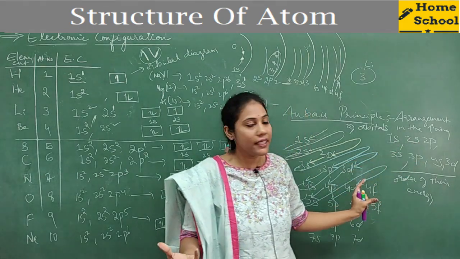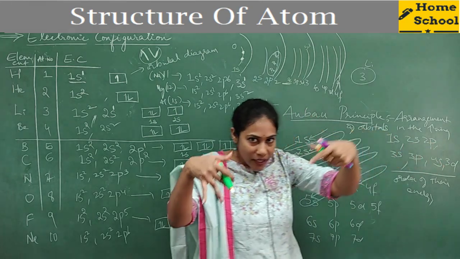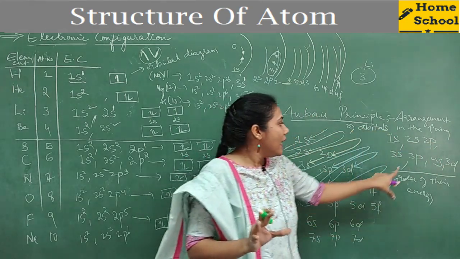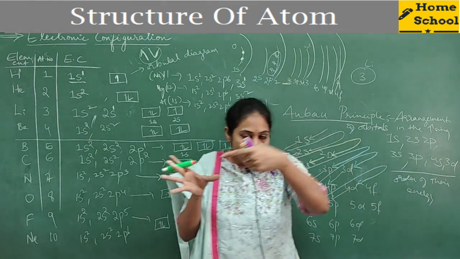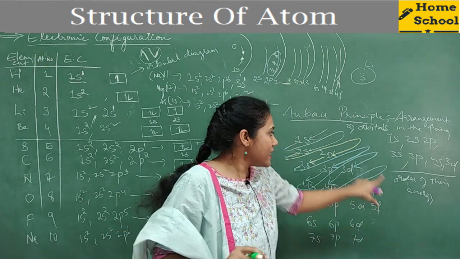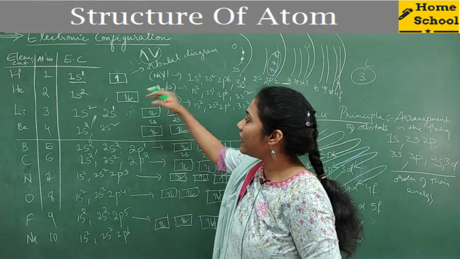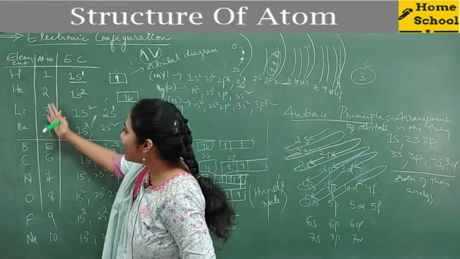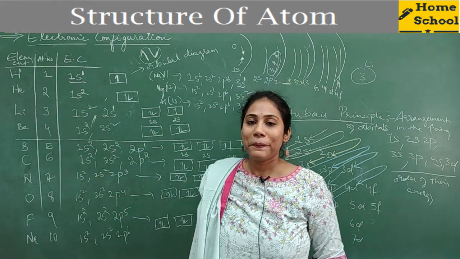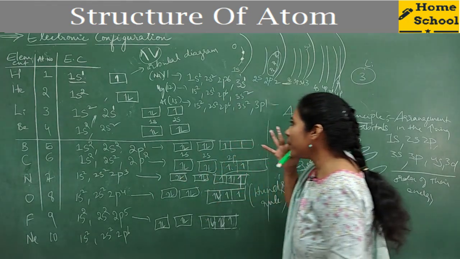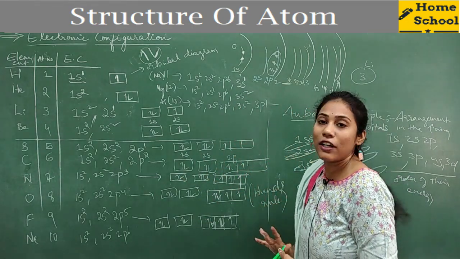S means 2 electron capacity, p means you can use up to 6 electrons, and d means you can use up to 10 electrons. Just follow this increasing order of subshells and fill the electrons, however many there are in a particular element. So this is what we mean by writing electronic configuration.